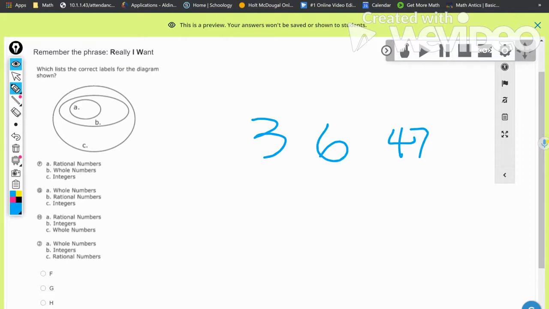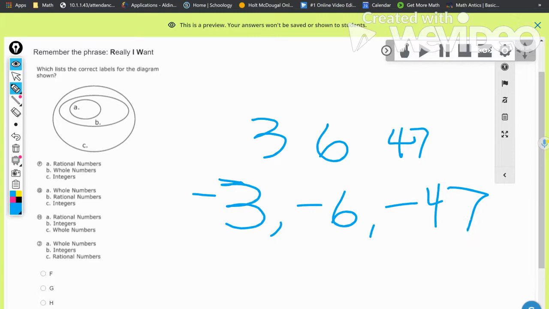Okay, then my second largest set is B, so this medium one right here. These are integers, so these are negative whole numbers. So -3, -6, and -47. Those are also integers. But so are the +3, the +6, and the +47.